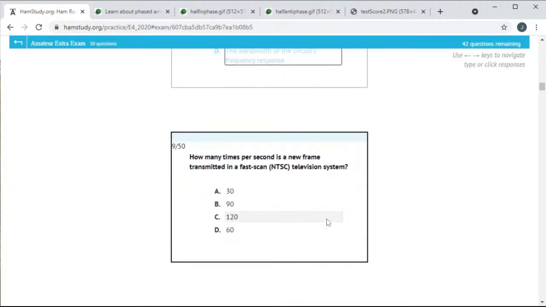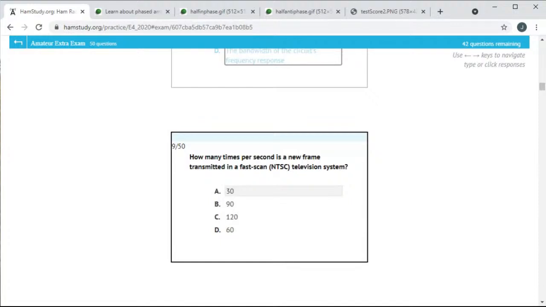How many times a second is a new frame transmitted in a fast scan television system? I believe there are 60 transmissions per second and there are two fields per frame.